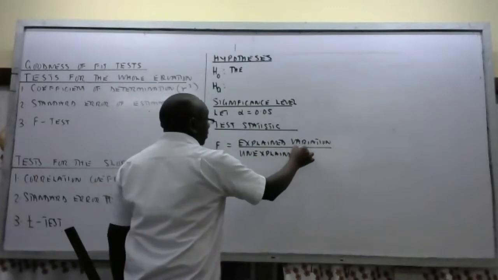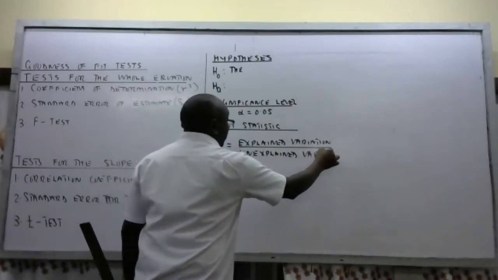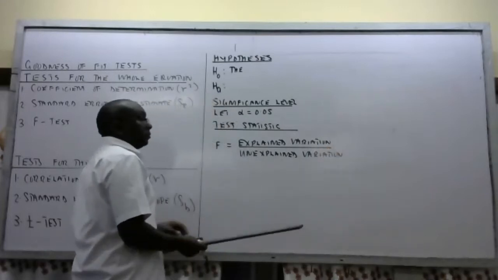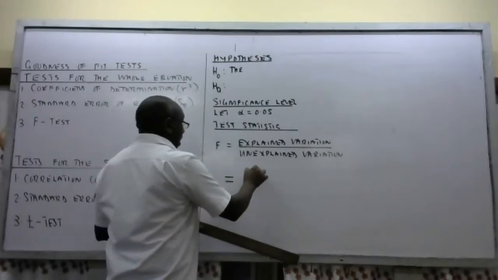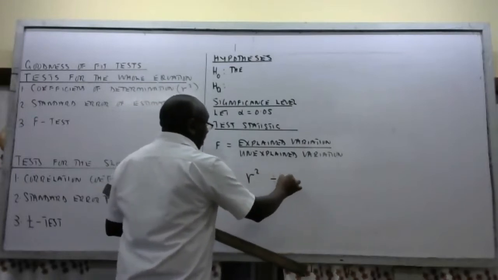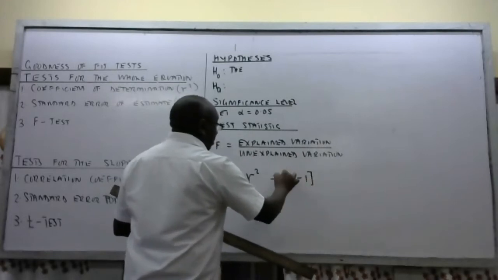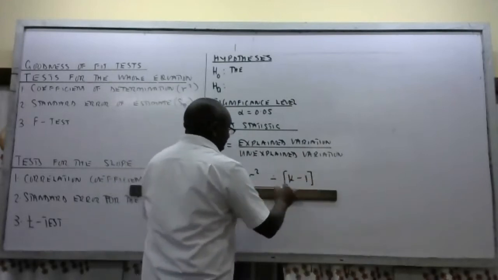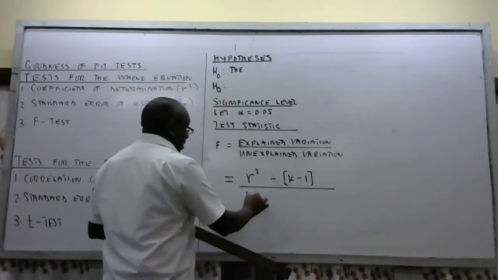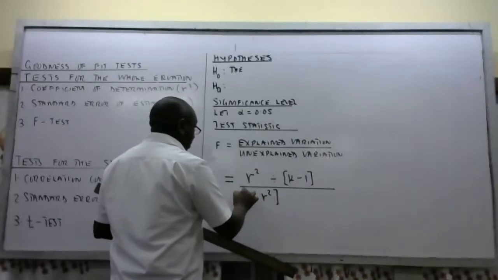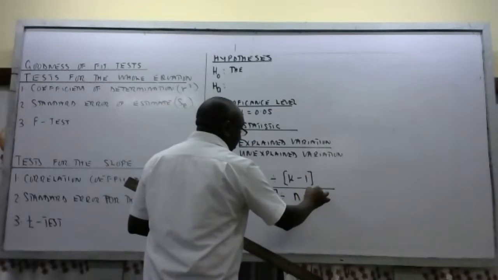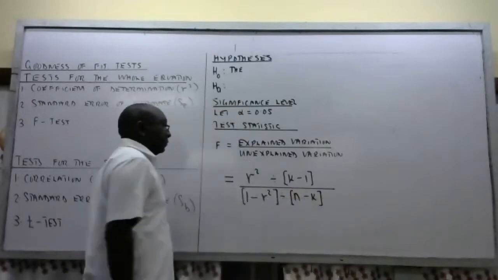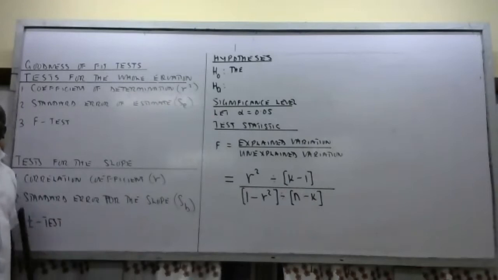Explained variation you divide by unexplained variation, and this becomes R squared being divided by K minus 1, which is thereafter divided by 1 minus R squared, you divide by N minus K.